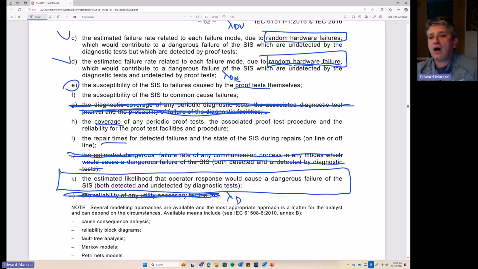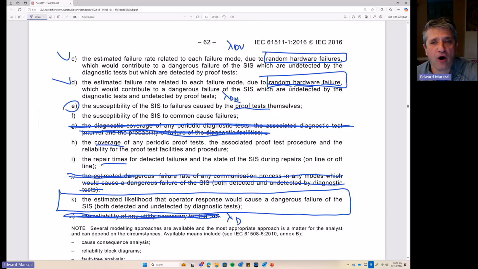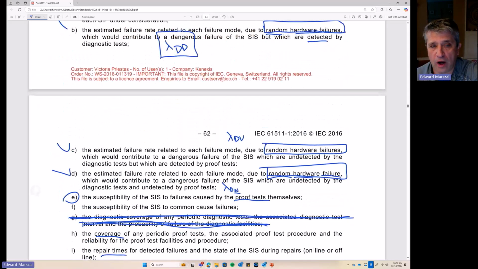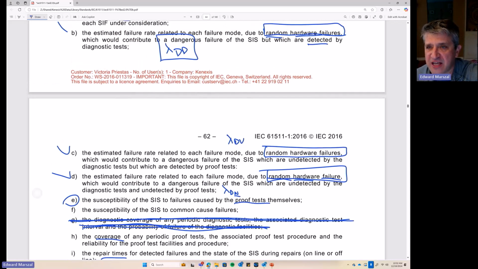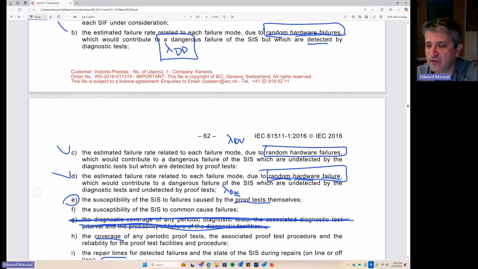So what have we talked about so far? The title of the section is quantification of random failures. For our clauses that tell us what failure rates we need to put into our equations, we specifically say random hardware failures.